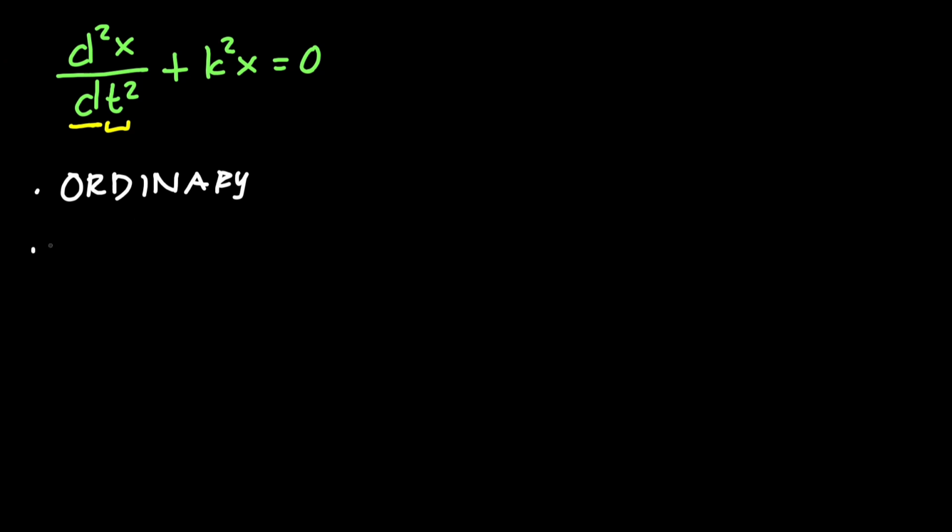Next up, to identify whether it is a linear or a nonlinear equation. So you can see here, the dependent variable x does not have an exponent that is greater than 1. And also we cannot see any trigonometric, exponential, nor logarithmic function here, and there is no variable that is multiplying in this derivative.